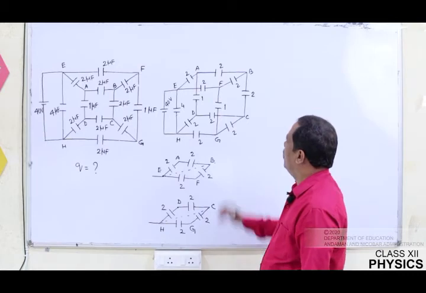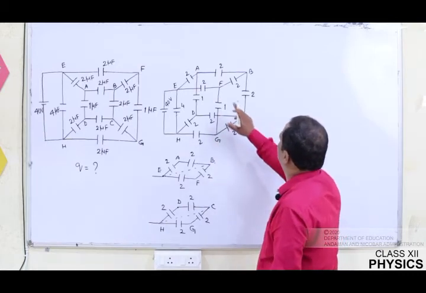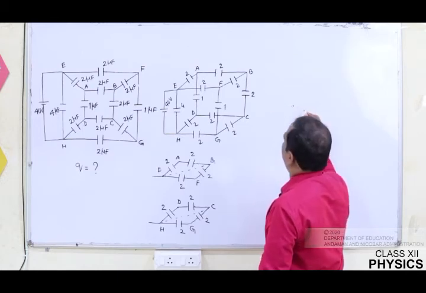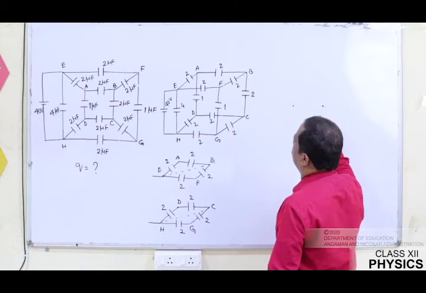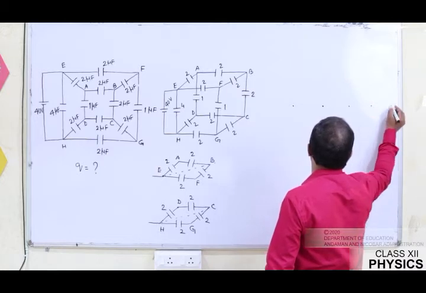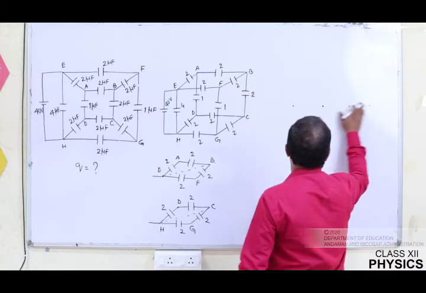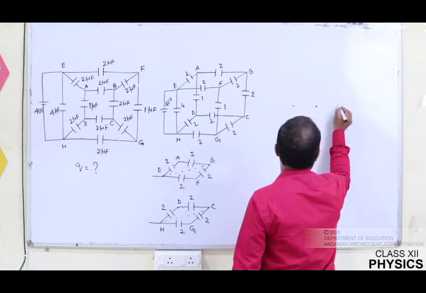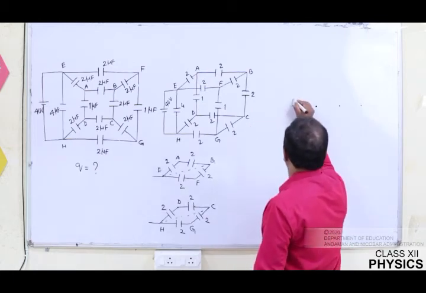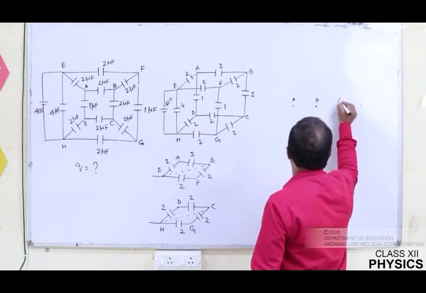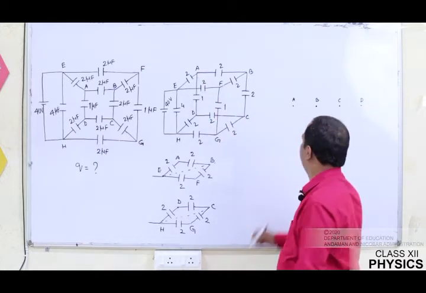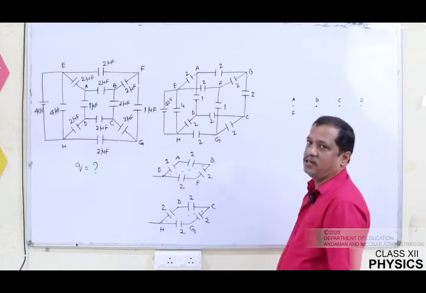In that case, now I can simplify this diagram. Let me draw the figure once again. So this is going to be A, B, C, D, and I know that A and F are at the same potential, same point.